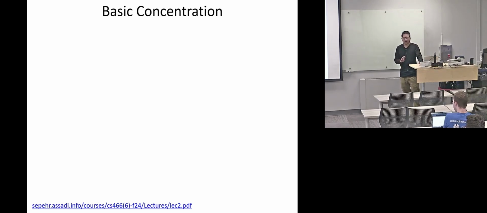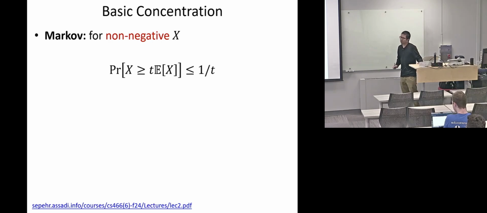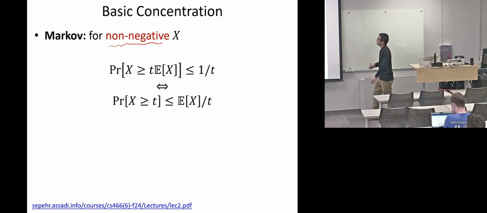Have all of you seen Markov inequality? How about Chebyshev? Good. Then I just remind you. Markov inequality applies for any non-negative random variables only, and basically it says that the probability that x is bigger than t times its expectation is at most 1 over t.